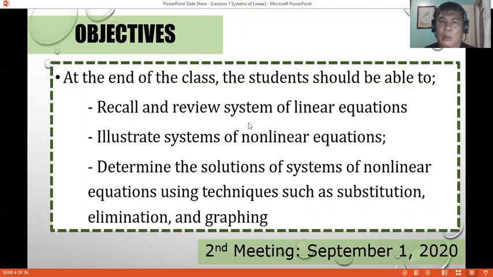Because this was already discussed during your junior high school days. Recall system of linear equation, illustrate system of nonlinear equation, and determine the solution of systems of nonlinear equation with different techniques: substitution, elimination, or graphing.